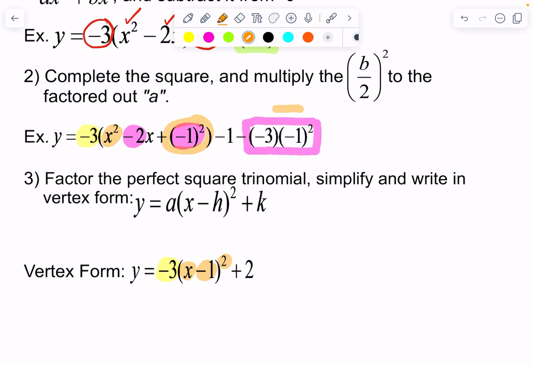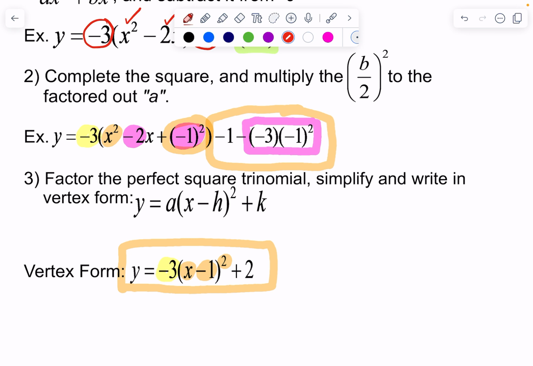And then if I calculate -1 minus a -3 times a -1 squared, I'm going to have -1 squared is 1, times a -3 is -3, times a -1 is +3, minus 1 is +2. And we are bingo. And now, once again, my vertex is 1, 2.